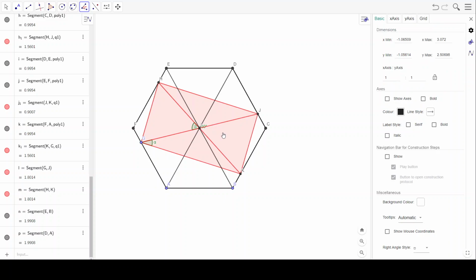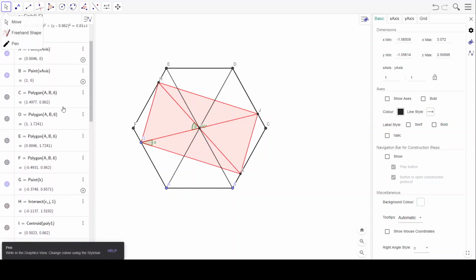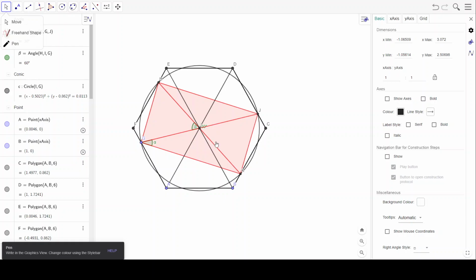And now let's make it a little bit more clear. If I draw the circle centered in I, which passes through the vertices of the rectangle, it's very easy to see that this length is equal to this length is equal to this length, and so on.